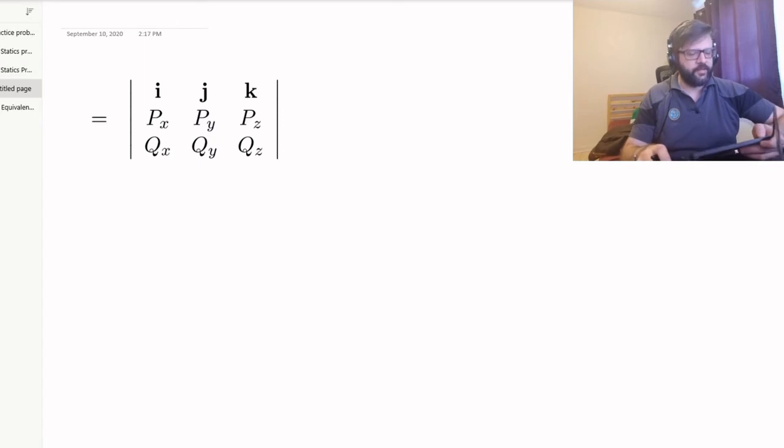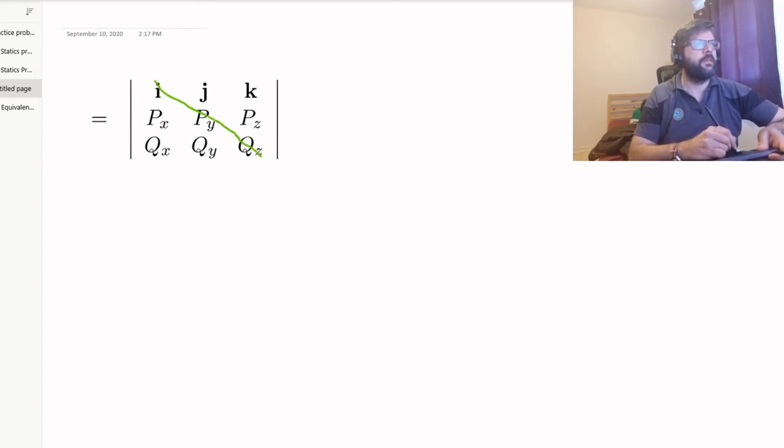And essentially what we can do is figure out the i component by going from i and slanting forward like this, and that'll give the positive component of our i vector.